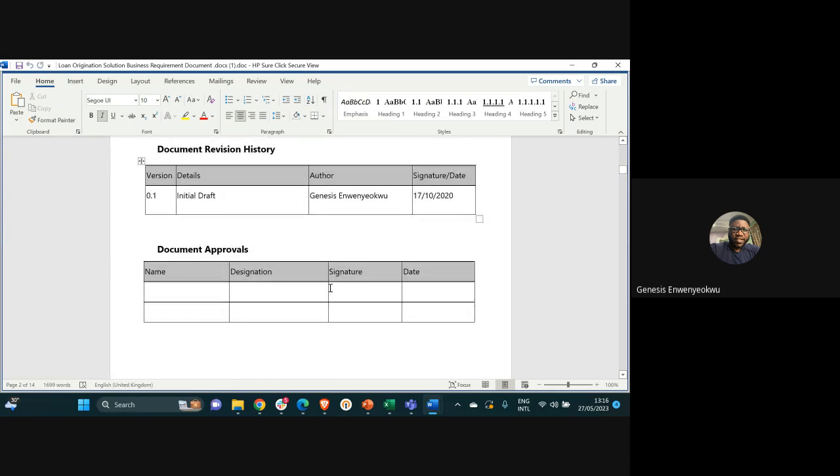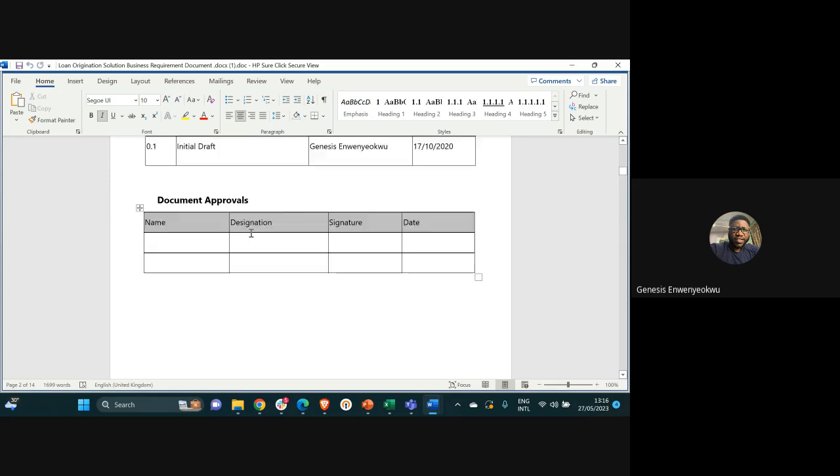Remember, I told you before about business analysis governance. Whoever has the authority to approve your work, their names will come in this section, right? Also, in terms of review, whoever reviews the work and you make changes, you have to create a new version and provide details on what the change is under the details section.